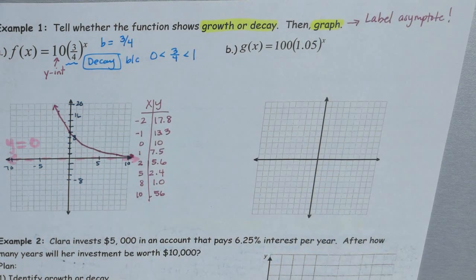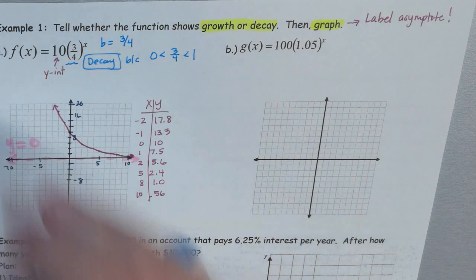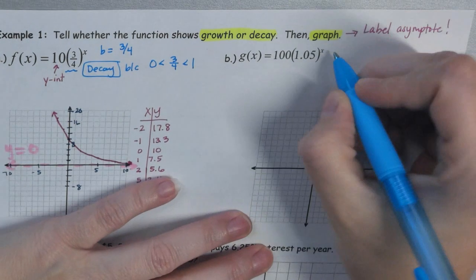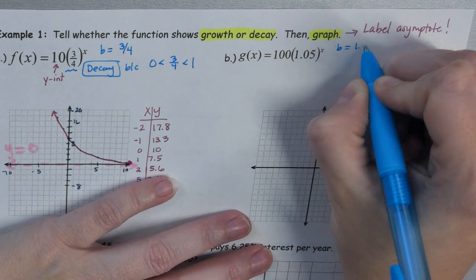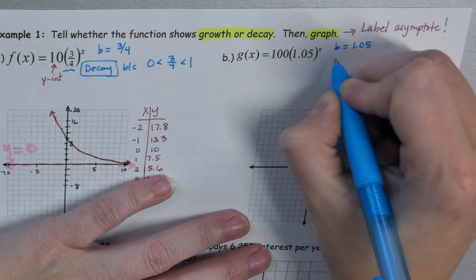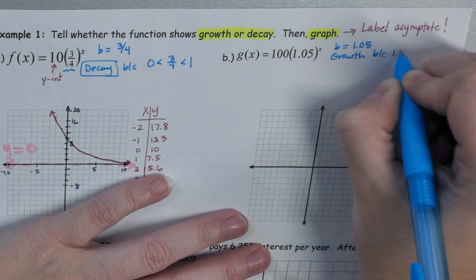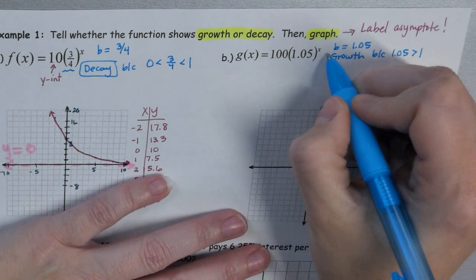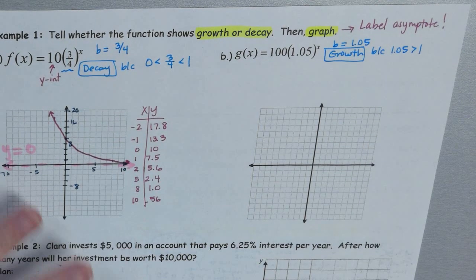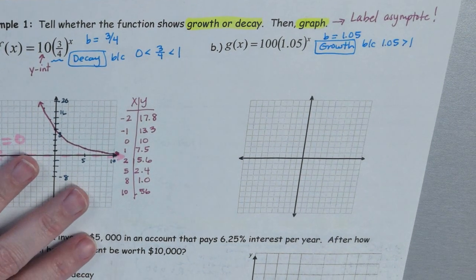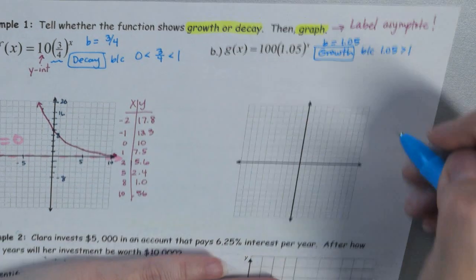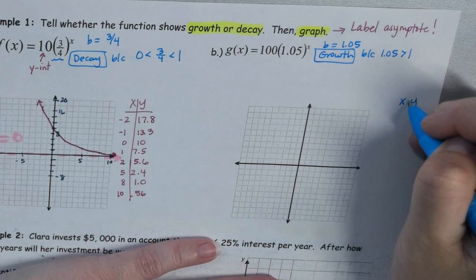All right, and then for B, we're going to do something very similar where you start with, is it growth or decay? So let's look at the value of B. What's my value for B here? Yep, so 1.05. And so this is going to be growth because 1.05 is greater than 1. All right, so again, before you start to graph, we need to make our table. We got to see what's going on with these values.